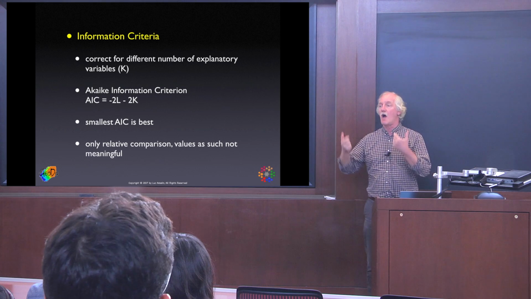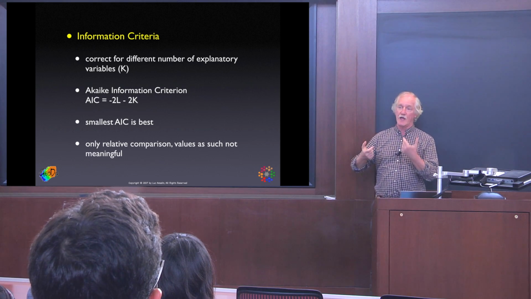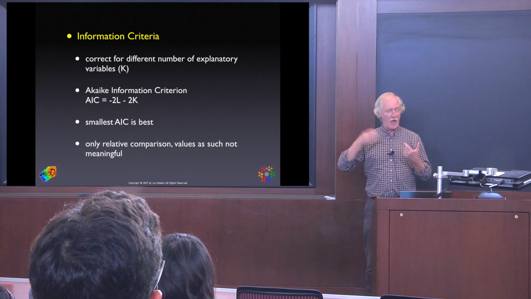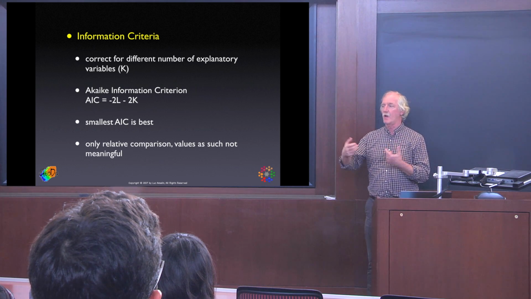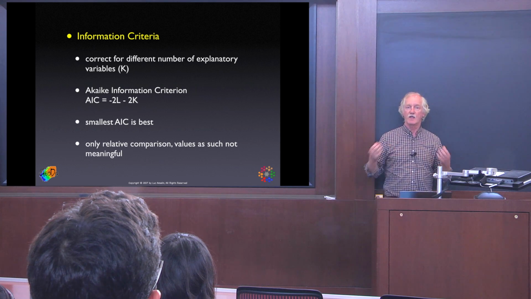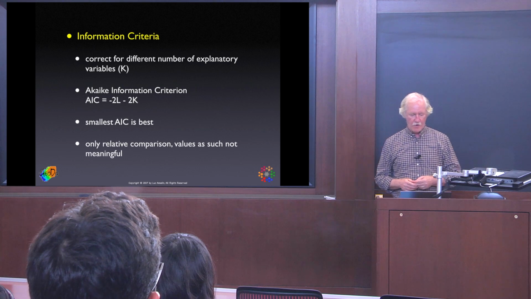But the question is how much higher, right? Is it worth it? And so just like an adjusted R-square penalizes you for adding more variables, the information criteria penalize you for the complexity of the model. So the idea is to have a simpler model, basically.